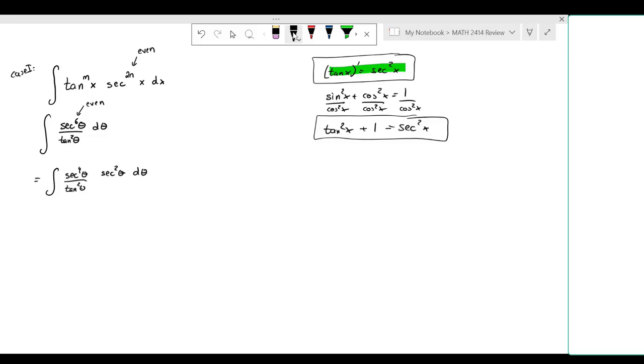And the power for secant started off being even, and we took out a secant squared, so this is still even. So we can use our Pythagorean trig identity relating secant squared and tangent squared. So we're going to think of secant to the fourth as secant squared, quantity squared.